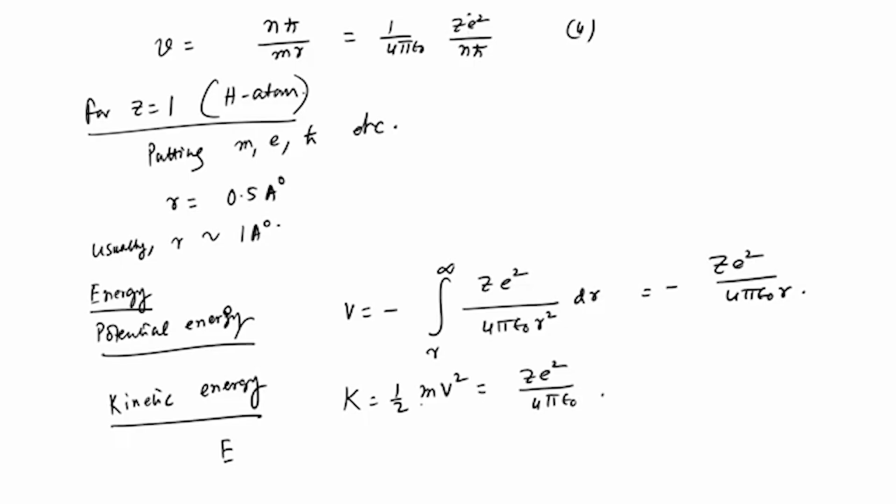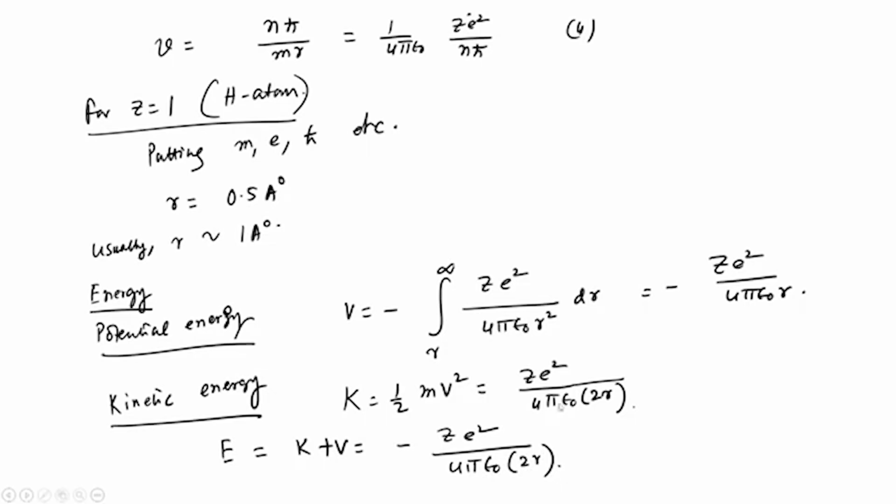So, it is half m v square, and one can put all these things here, and this is a 2 R here, okay, not R. And so, the total energy is equal to K plus V, which is equal to minus Z e square divided by 4 pi epsilon 0 into 2 R.